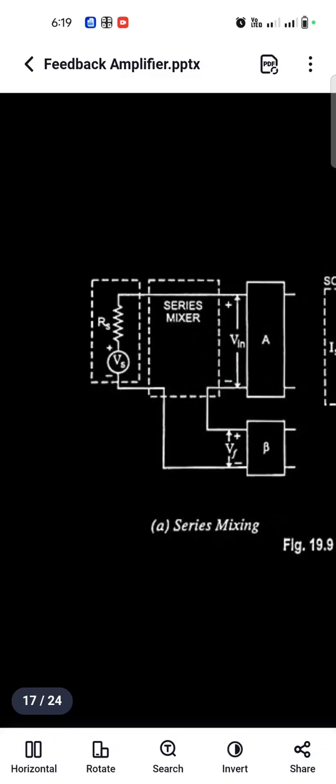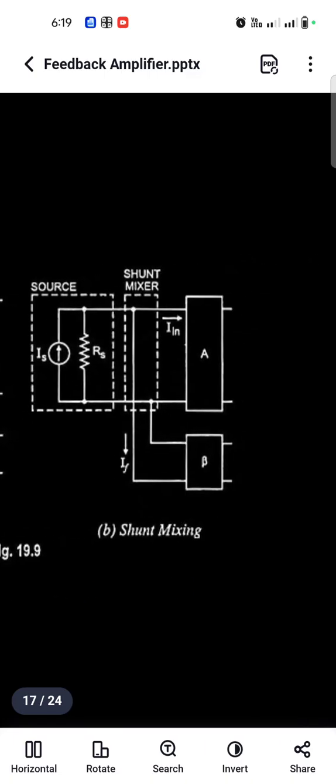So we can say this is a series mixer or voltage input. The other one is shunt mixing. Shunt indicates parallel: when the current source is connected across the resistor, we can say the input is current, or the mixing is shunt mixing.